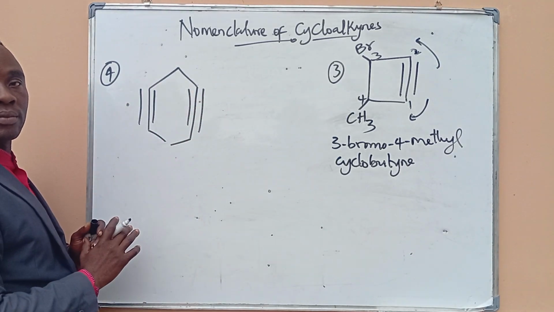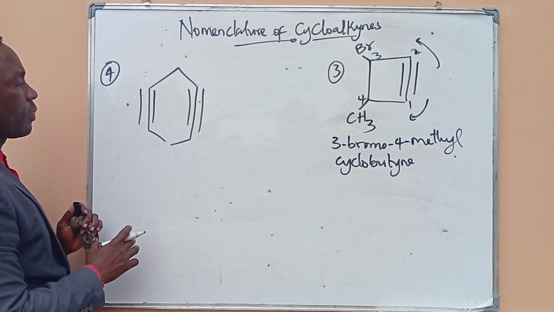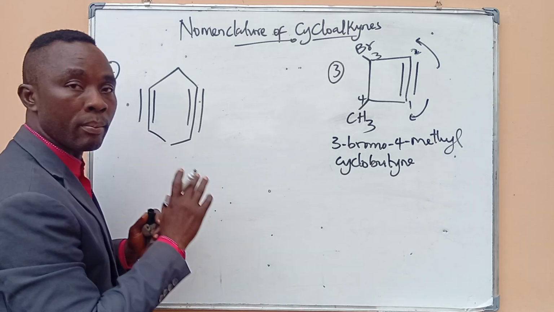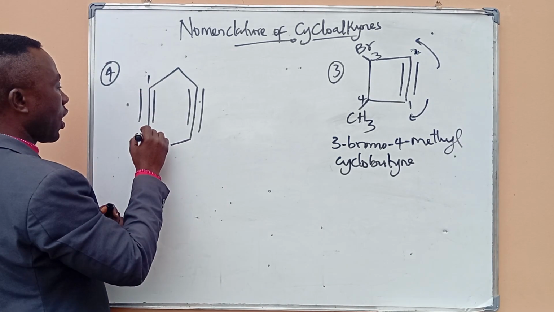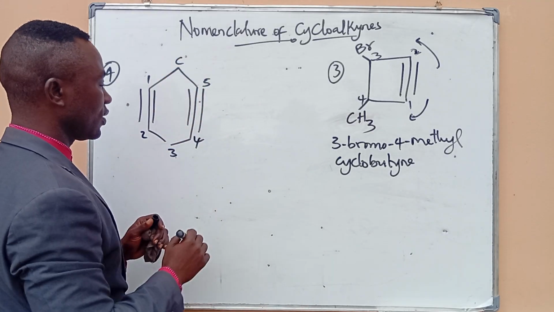2 triple bonds. Now, if we want to name this compound, we number to give the triple bond the least number possible. So this is 1, 2, 3, 4, 5, and 6.